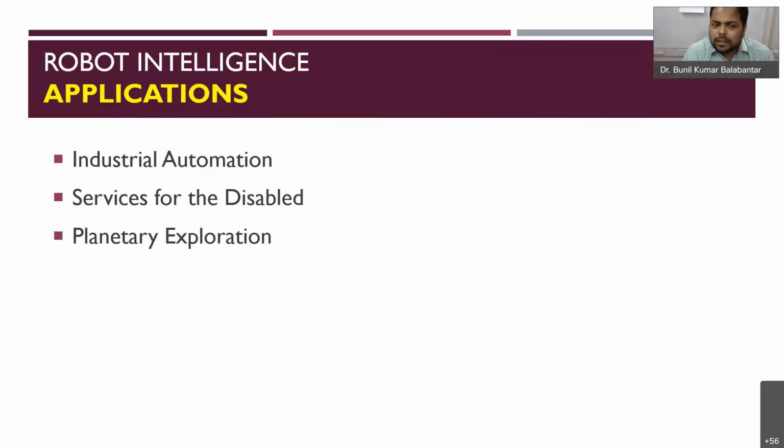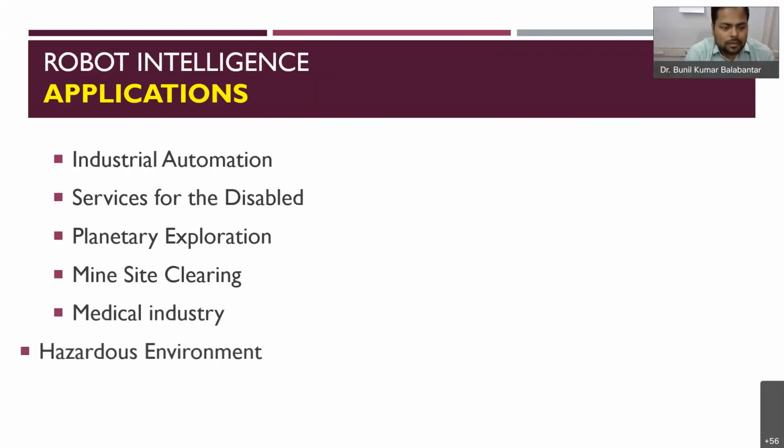In planetary exploration, in space applications, there are a lot of tasks. I'm not going to talk about this in detail. There will be mining, site clearing, and the medical industry, whether it's robotic surgery, all of you have heard of. There will be hazardous environments. Currently in DRDO, there are nuclear sites, right?